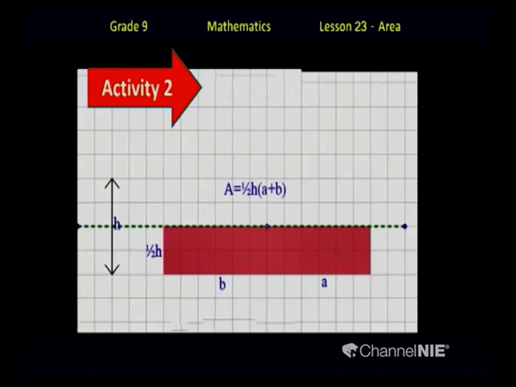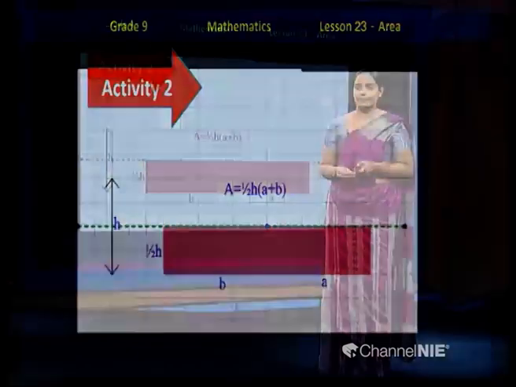Now you have length is a plus b and breadth is half of h. Then length into breadth is written in this way, half h into a plus b. Isn't it the method of finding area of the trapezium? Then same thing, half into sum of the two parallel sides into perpendicular height. Then same thing is mentioned here.